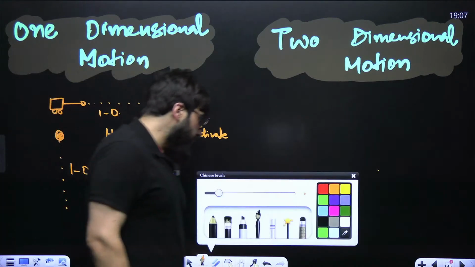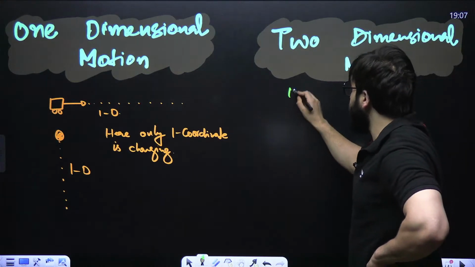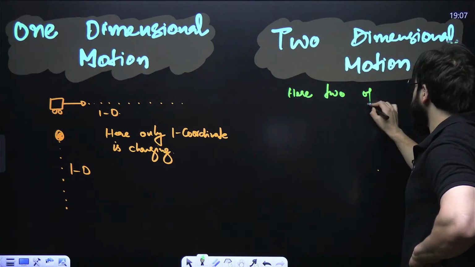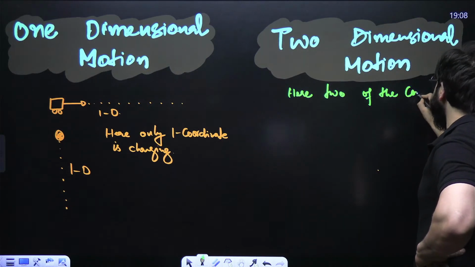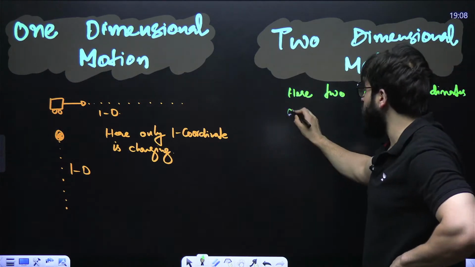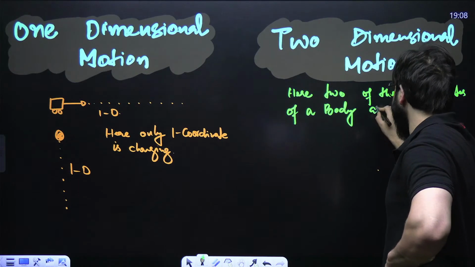And when we talk about two-dimensional motion, two of the coordinates of a body are changing.